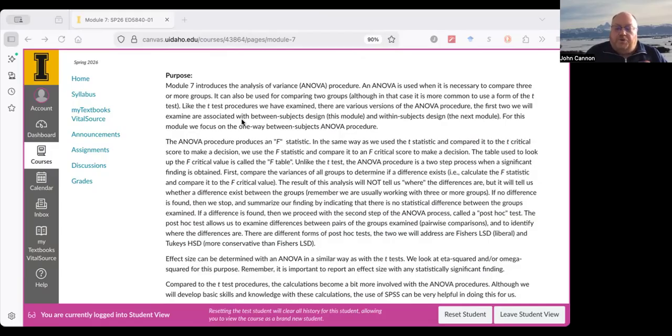Remember, it is important to report an effect size with any statistically significant finding. Compared to the t-test procedures, the calculations become a bit more involved with the ANOVA procedure. Although we will develop basic skills and knowledge of these calculations, the use of SPSS or a good online statistical calculator can be very helpful in doing this for us.